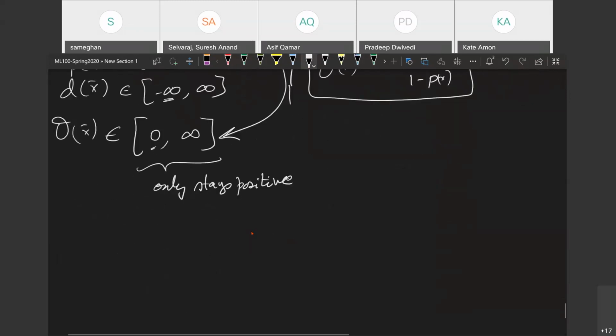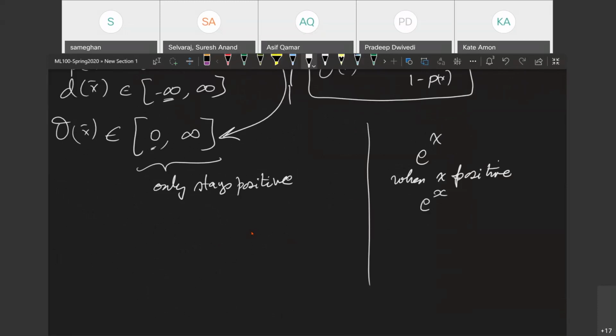You take any number, let's say x goes over any number. Think of e to the x. What happens when x is positive? When x is positive, e to the x will be what? It will be positive, right? Yes, positive. When x is, let's say, negative 10, what about e to the minus 10?